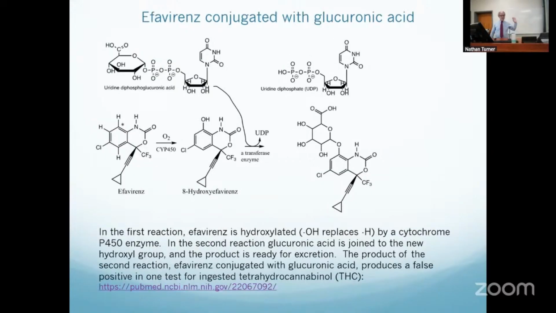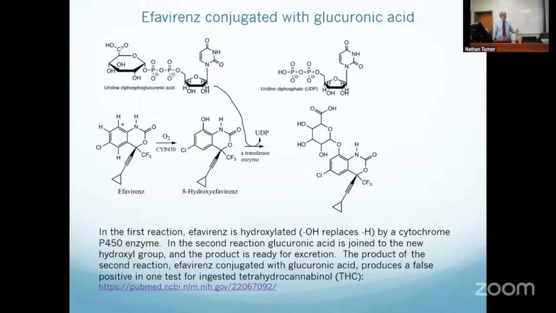Well, for those of you who are non-chemists, I'm going to scare you with another chemistry slide here. But again, these two slides, I think you can follow along even if you don't quite catch the drift of them. Now I'm going to introduce a compound on the left called efavirenz. It's an antiviral. People who are HIV positive may take it. When you ingest efavirenz, your body first adds an oxygen atom where the asterisk is, at a C-H bond there. The body removes the hydrogen and replaces it with an oxygen and a hydrogen, as I show in the first step here.